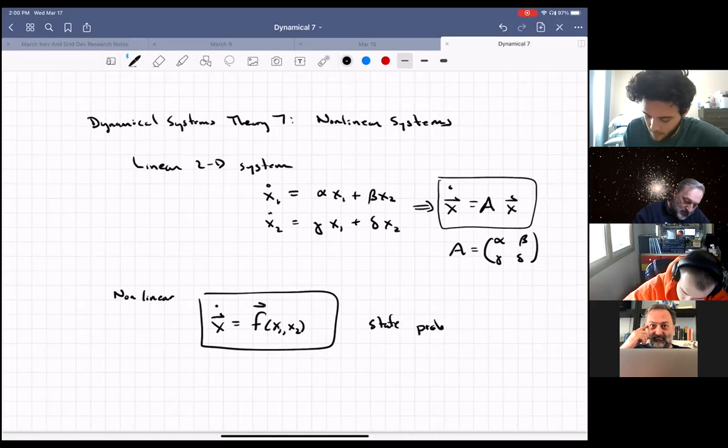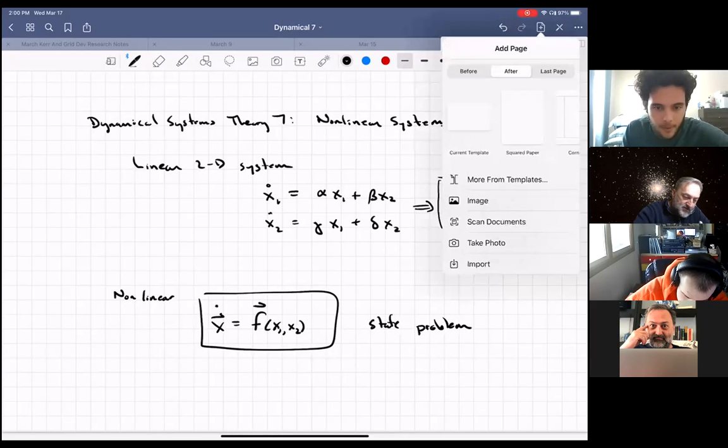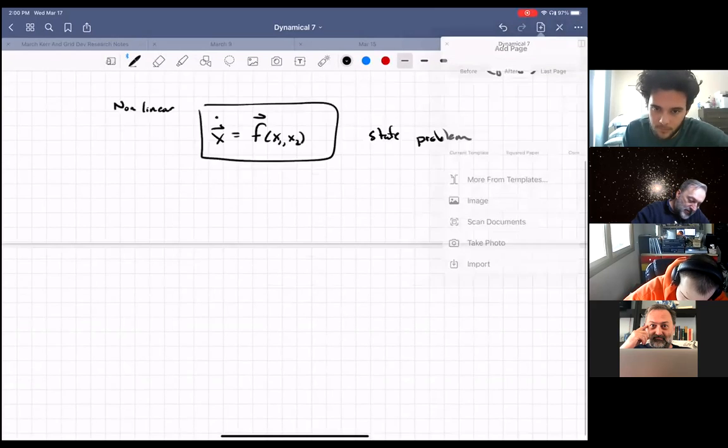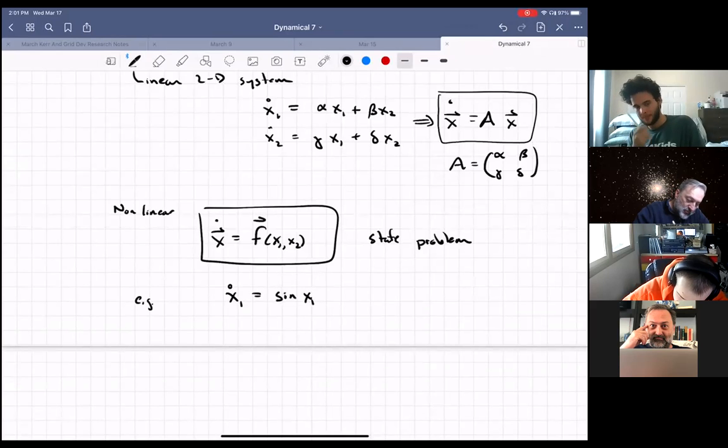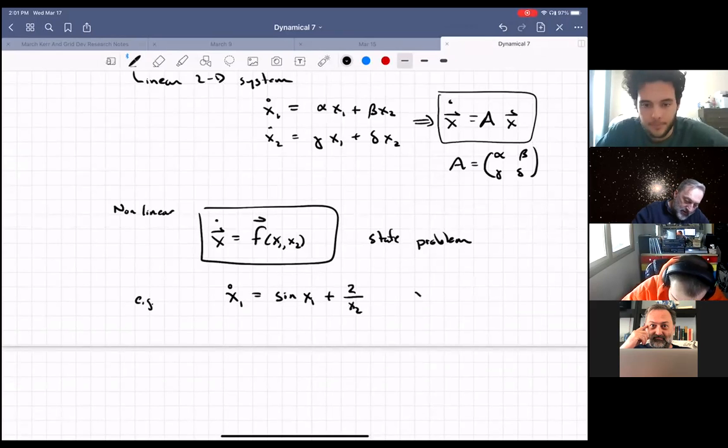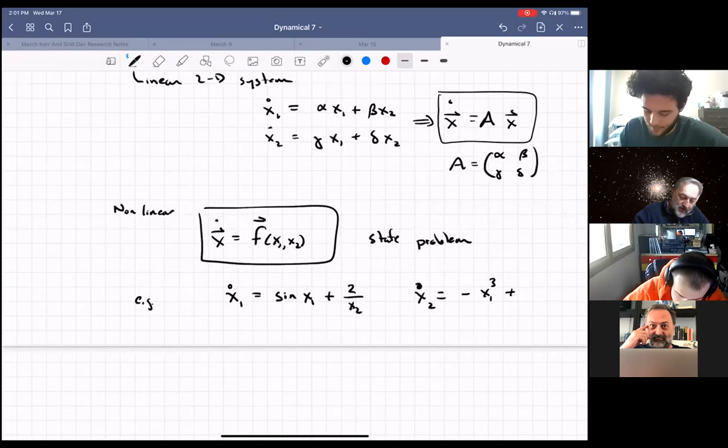And by this function, we mean by this single line something like, for example, x1 dot might be the sine of x1 plus 2 over x2, and x2 dot might be minus x1 cubed plus x2 squared x1, right?